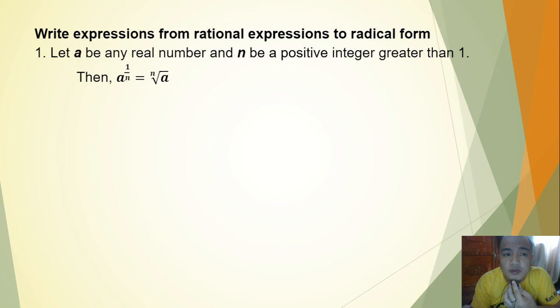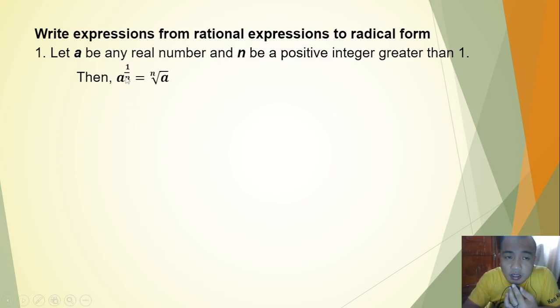Now let us learn how to write expressions from rational exponent form to radical form. Let a be any real number and n be a positive integer greater than 1. So if we have here a base a with exponent 1 over n, this can be expressed in radical form as the nth root of a.